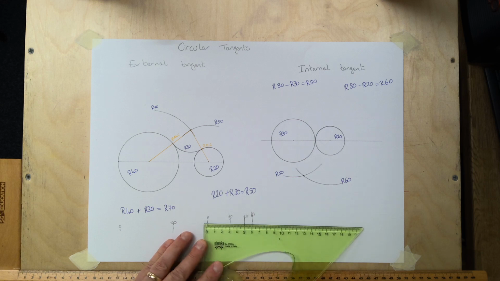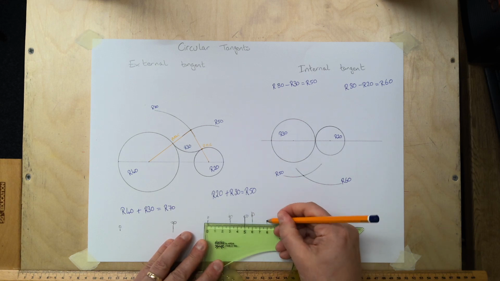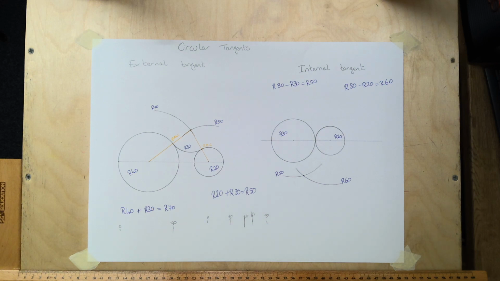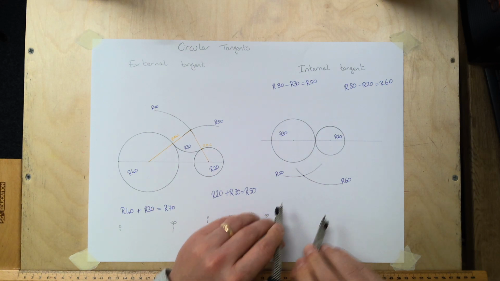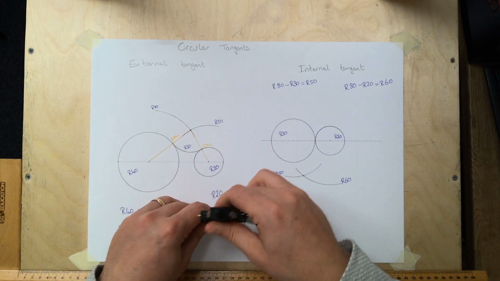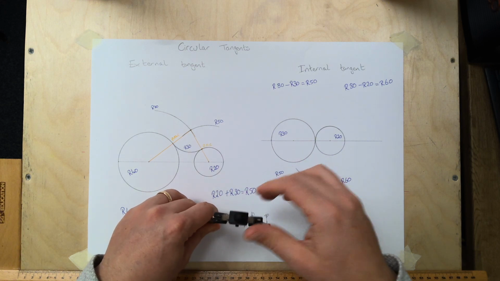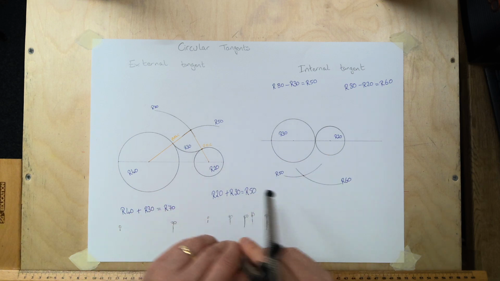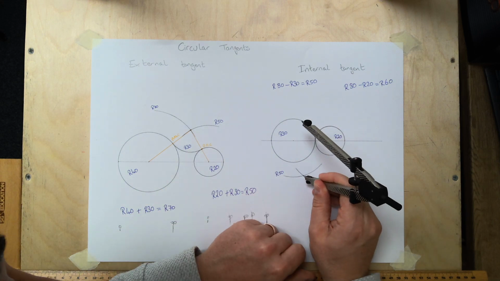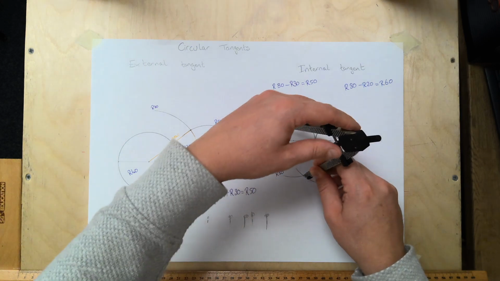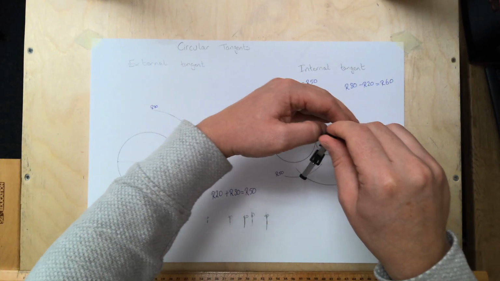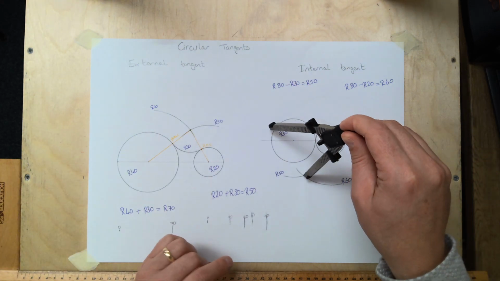Okay, and I'm going to make that radius then, which is the big one, which is the 80. Set my compass to 80. From here, there's my steel. Alright, and what it's going to do is just going to hit, so I'm just going to check it first. Just want to make sure first.